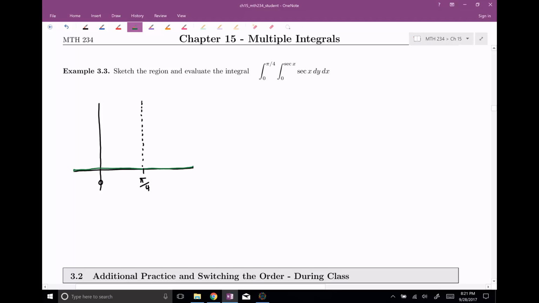And y equals secant of x, well, we maybe need to remember back from our trig days, or maybe even calculus 2. We really played a lot with these secants. So, okay, let's go ahead and review. Secant of 0, well, that's 1 over cosine of 0, and that's going to be 1 over 1, which is 1.